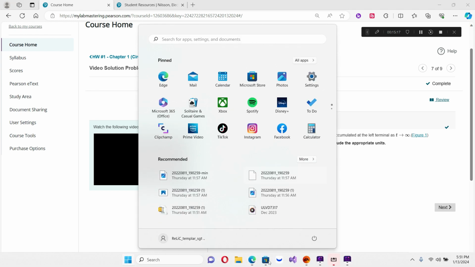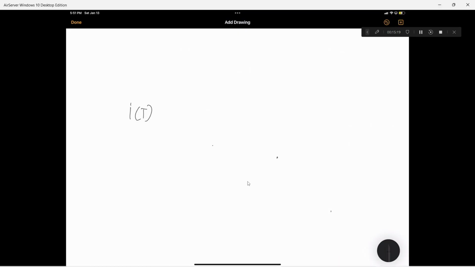Let's switch here for a minute. We are going to go back here. So I as a function of time is equal to dq, the rate of change of charge over time.